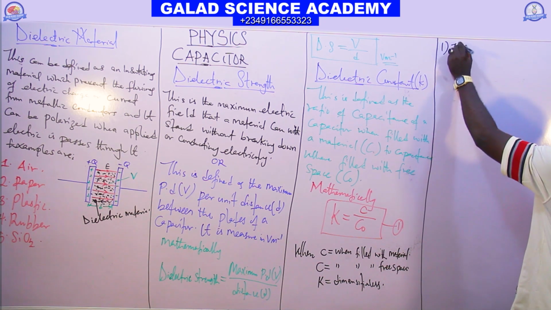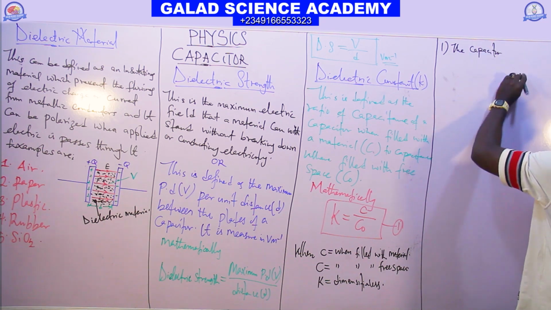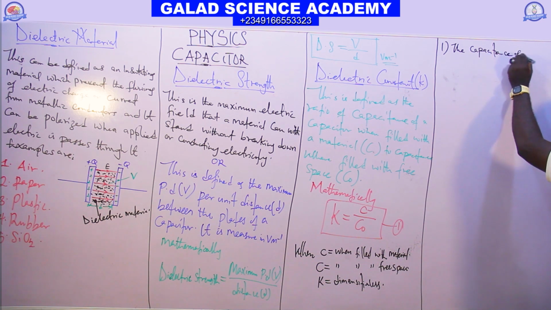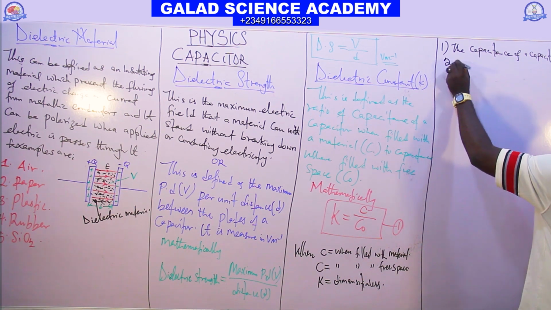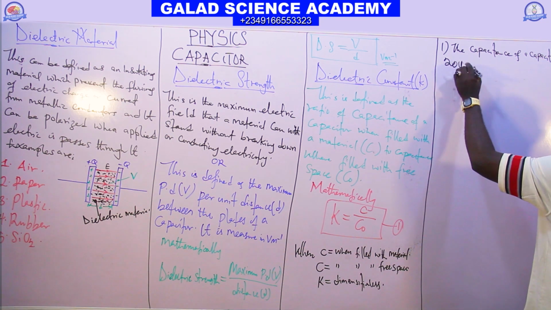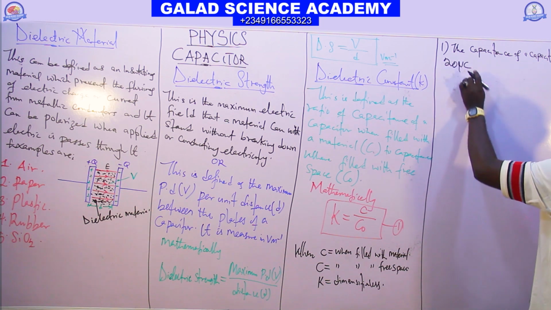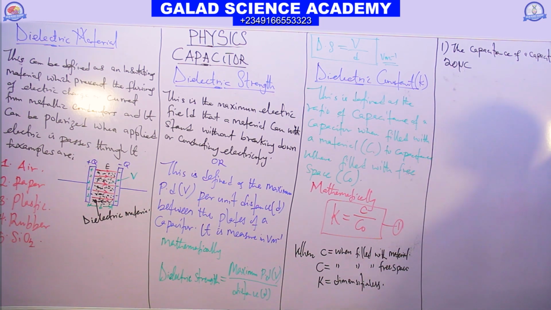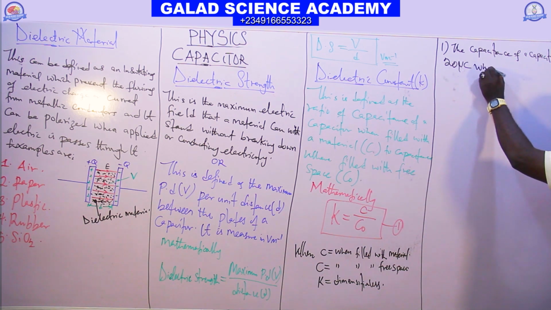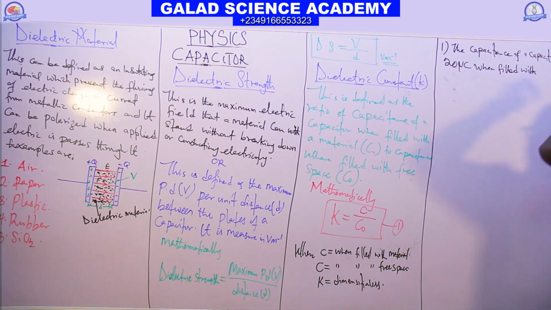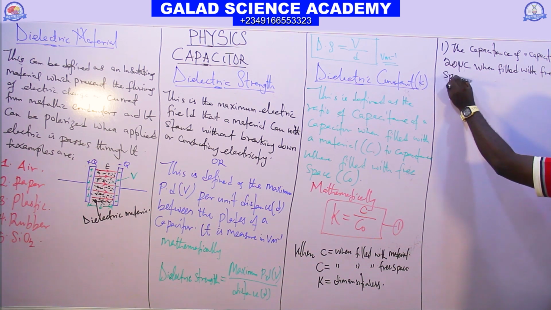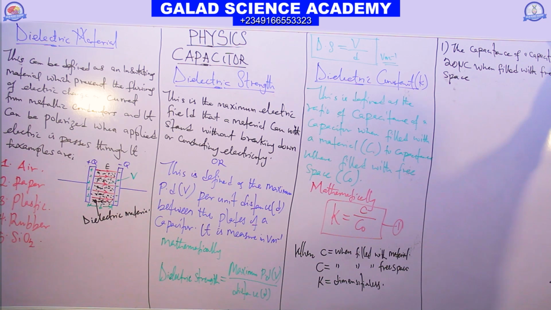Let me say the capacitance of a capacitor is 20 microcoulomb when filled with free space.